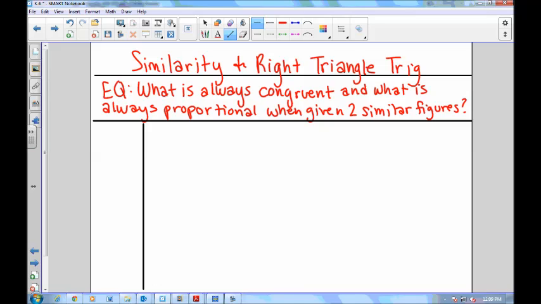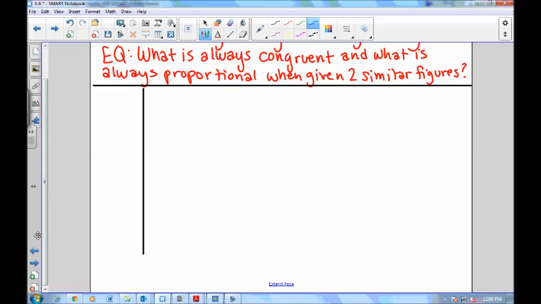All right, I'm going to draw a bunch of figures, and I would like you to name the angle relationships as a review. Draw and name each set of angles.